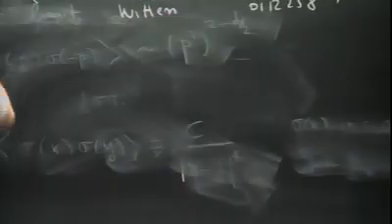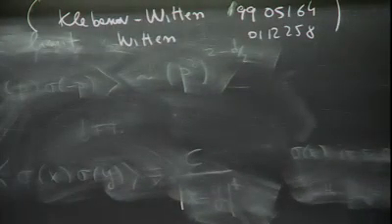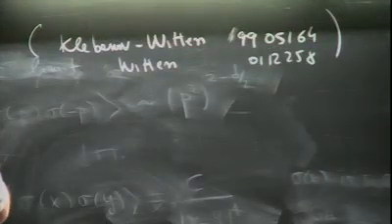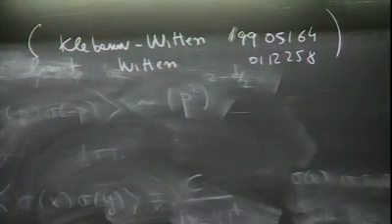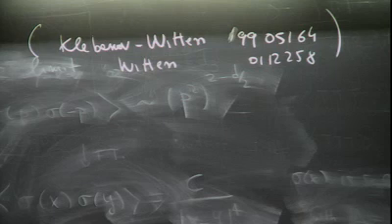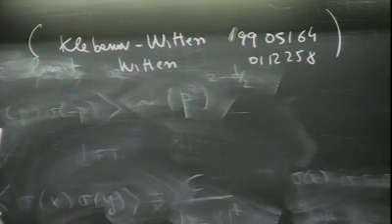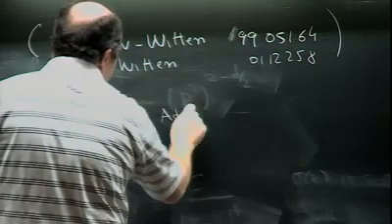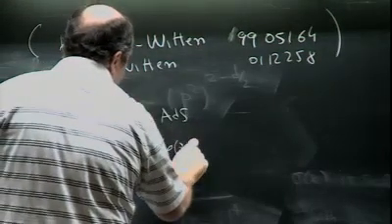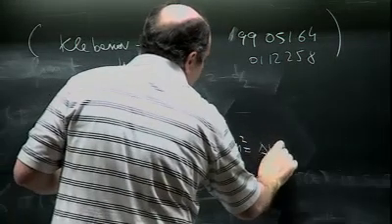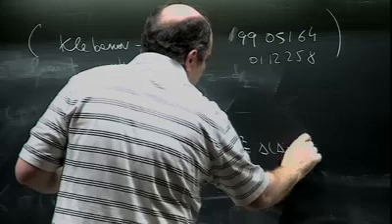Okay, let me just explain it briefly. Let me recall the basic dictionary. If in the CFT we have an operator of dimension delta, then in AdS we have a scalar field with mass squared delta times delta minus d, right?